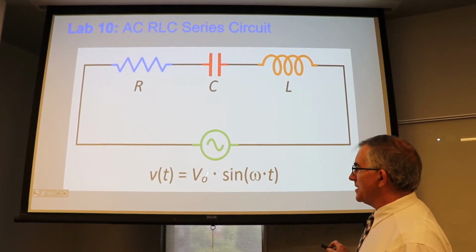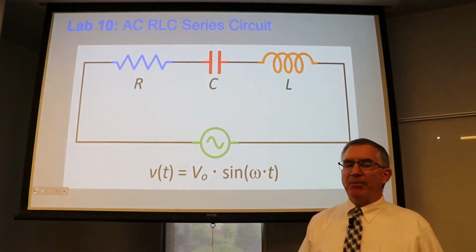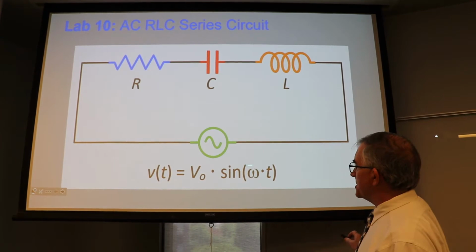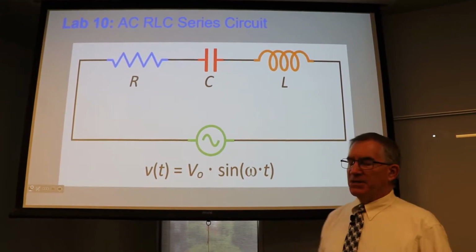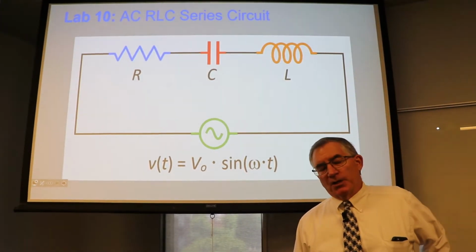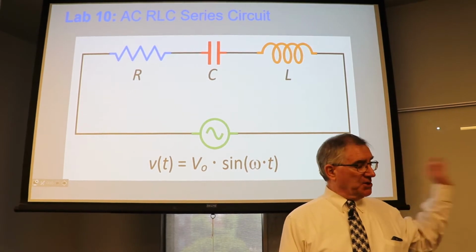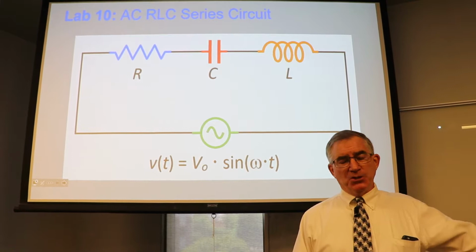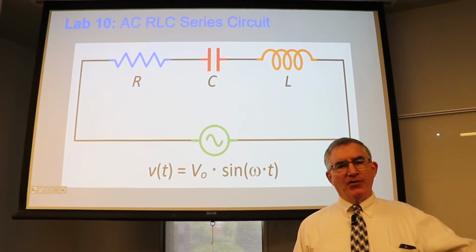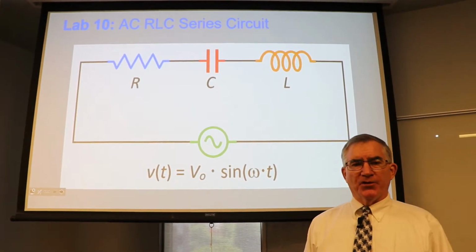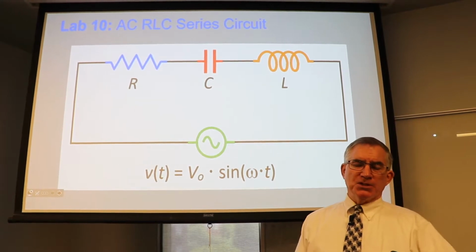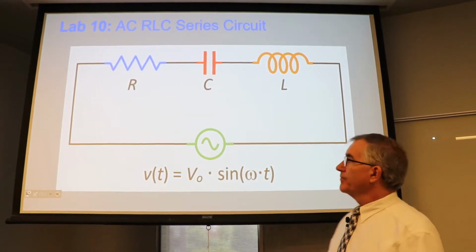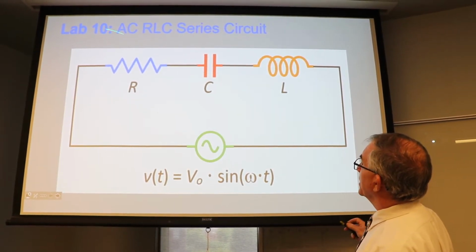This is the maximum voltage, capital V naught, and then sine omega t, where omega is the angular frequency. It's related to the frequency that you tune in on Capstone by 2 pi times the normal frequency equals the angular frequency. And when you use a sine, you have to use angular frequency. Anyway, that is the circuit right there.